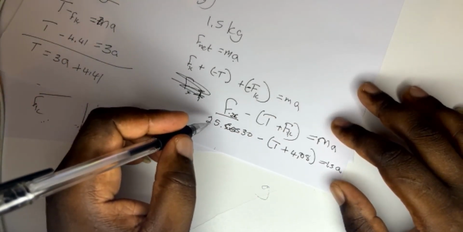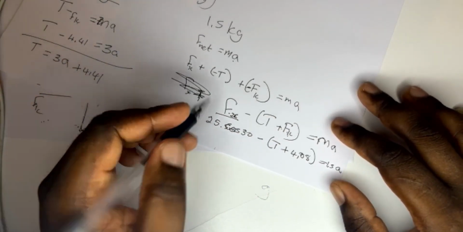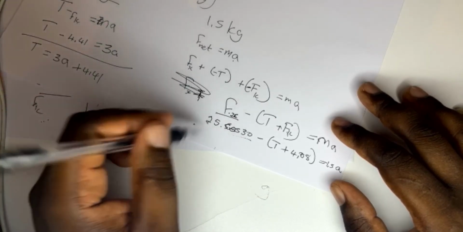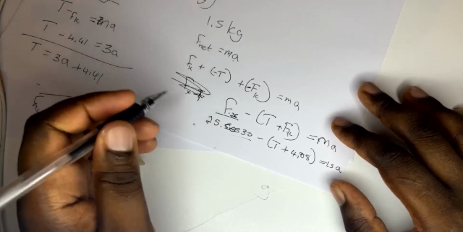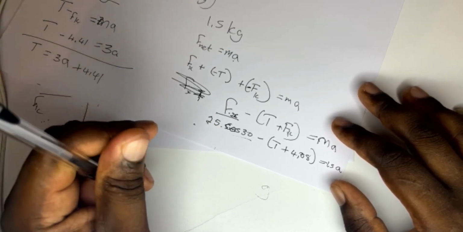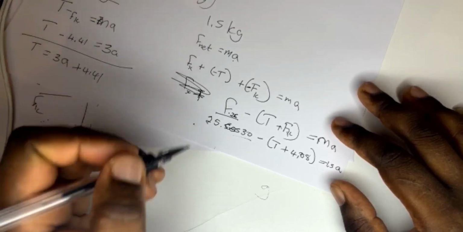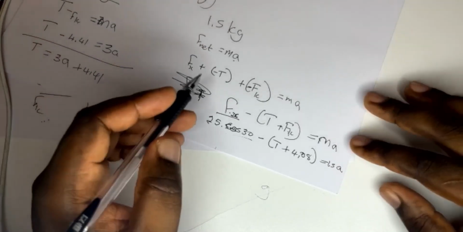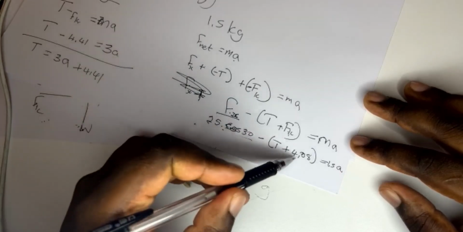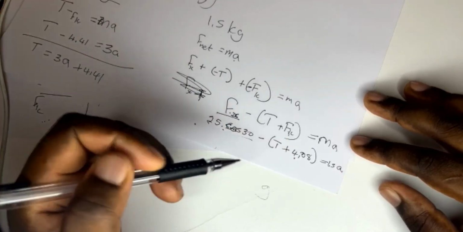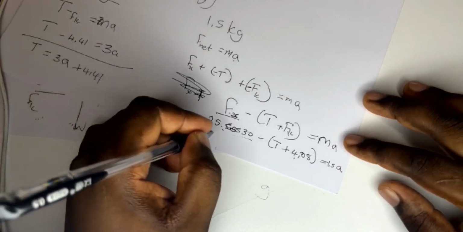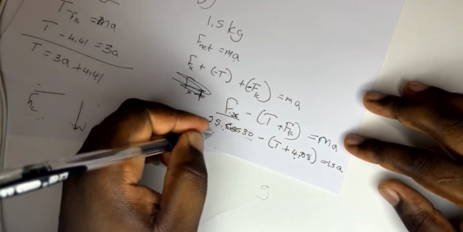Now let's work out with what we have. Working out with what we have, this one will give us 12.5, something like that with the commas. I'm not sure, calculator. Okay, let's punch the calculator. It's this one minus this one.